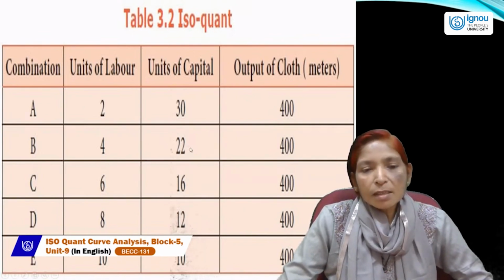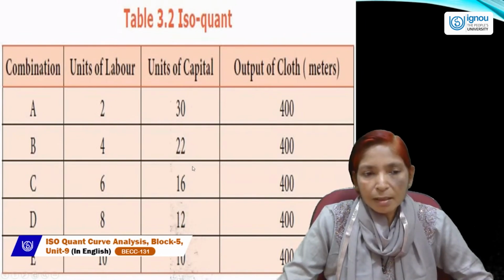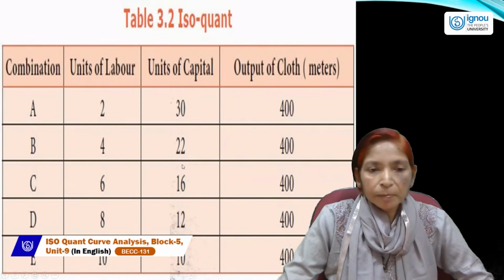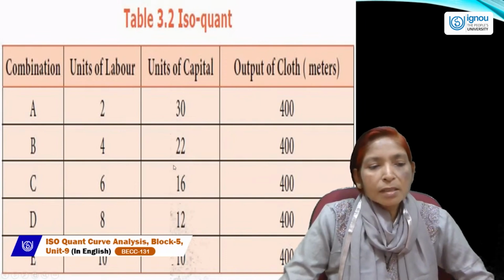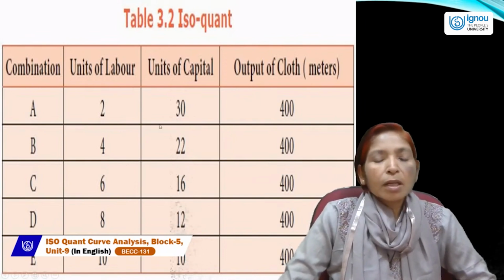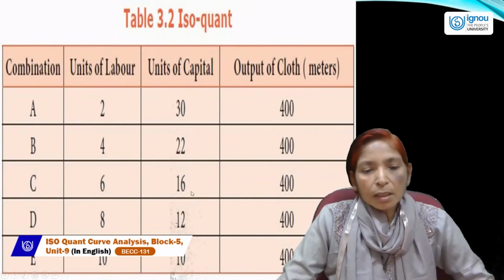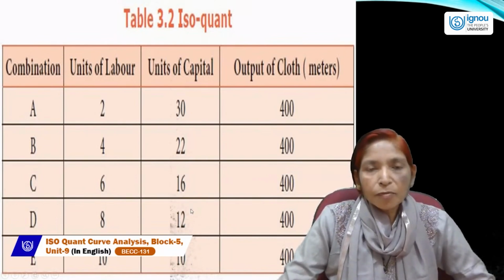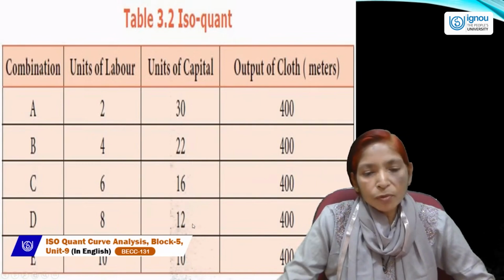And in the second case, 22 to 16, the loss of capital is 6 and the gain of labor is 2. The ratio will be 3 to 1. And in the next case, at the D combination, the loss of capital is 4 and the gain of labor is 2. It means the ratio will be 2 to 1.